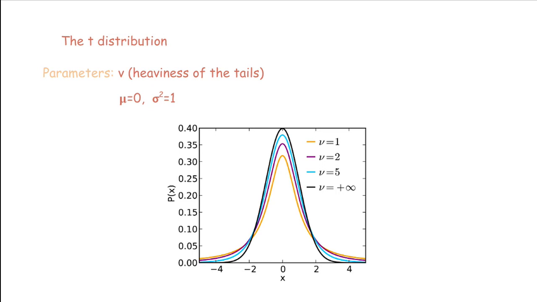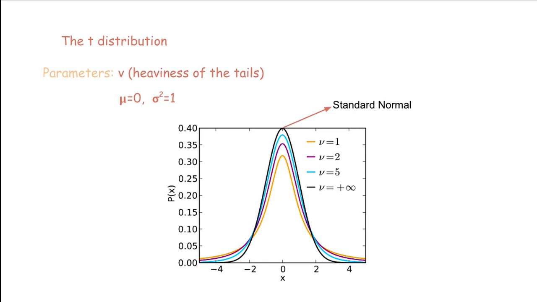The t-distribution is close to the normal and is derived from it. It is like a standard normal distribution, with mean 0 and variance of 1. The parameter v decides how heavy the tails are. As you can see, as v increases, the tails are thinner and the peak higher.